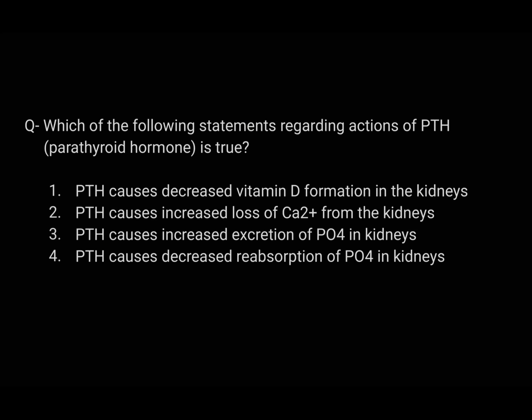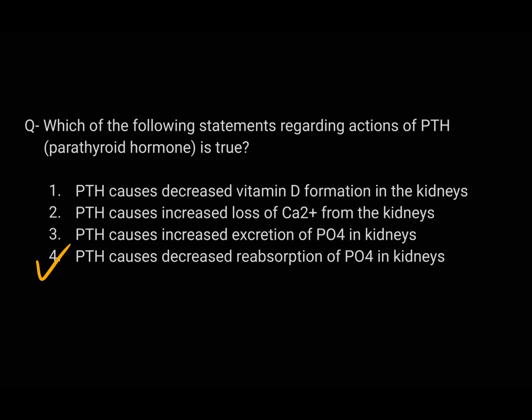Here, both option C and option D are correct, but option D is the best answer. And if you had remembered the bookish statement that PTH hormone causes phosphate excretion, then you would have marked option C, which would have been incorrect.